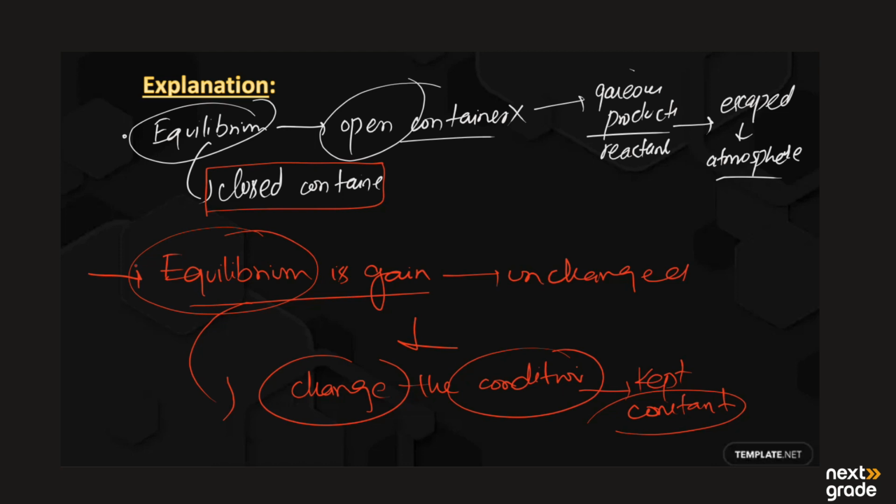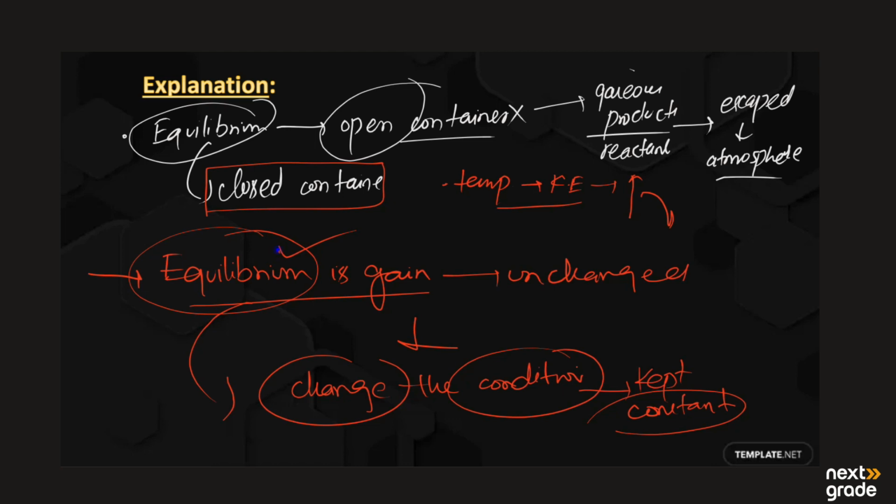And if we increase the temperature, then kinetic energy of the molecules also increases. In turn, the equilibrium will change. So the reaction will move either in the forward direction or in the reverse direction to attain the equilibrium.